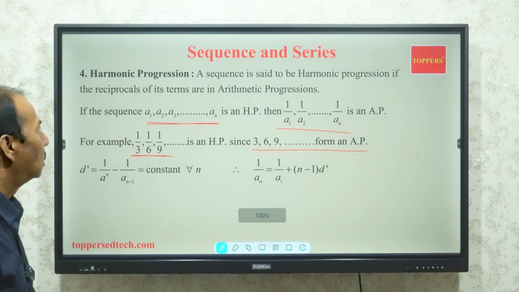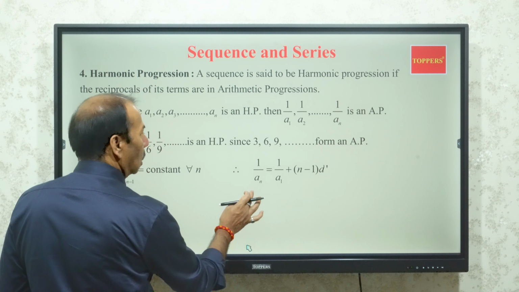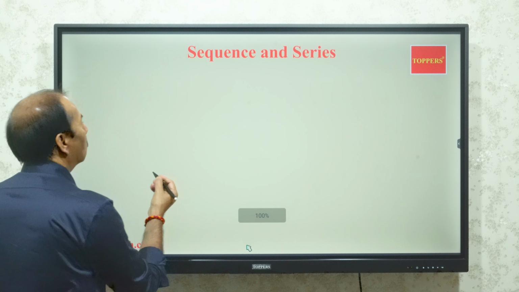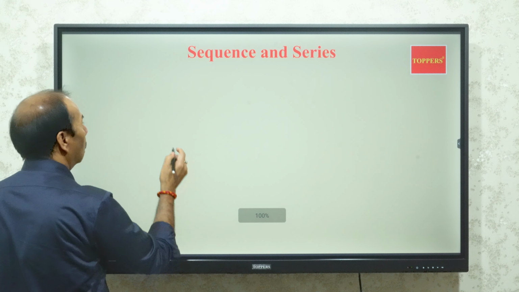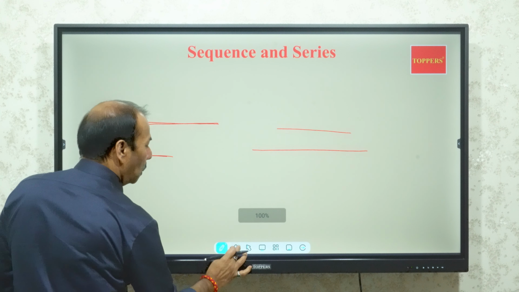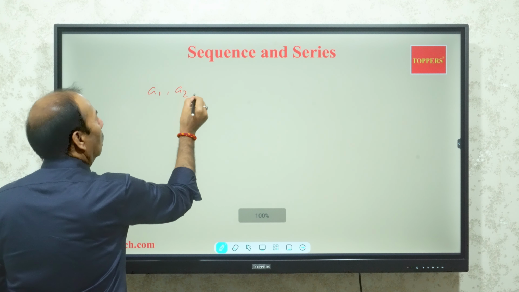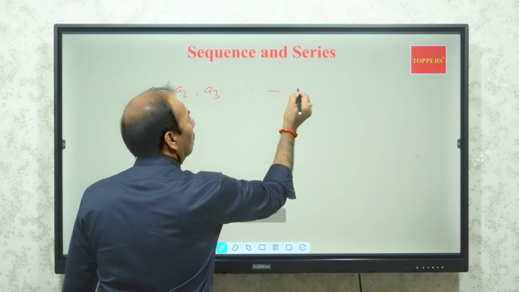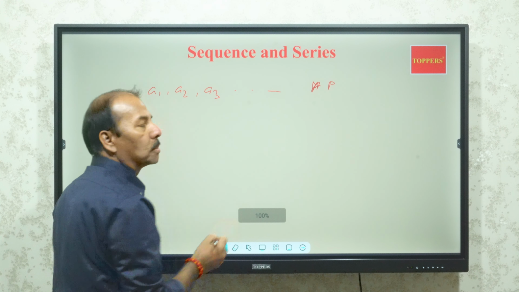So here, suppose let us say a1, a2, a3 are in HP, harmonic progression.